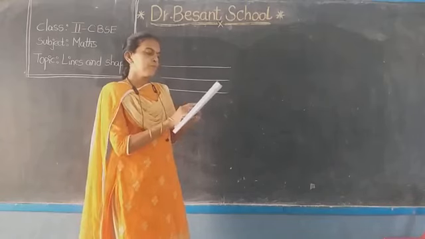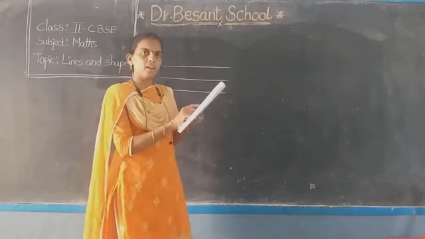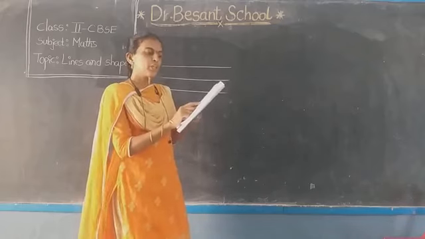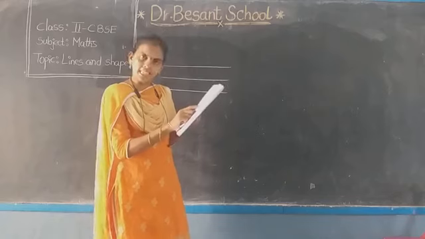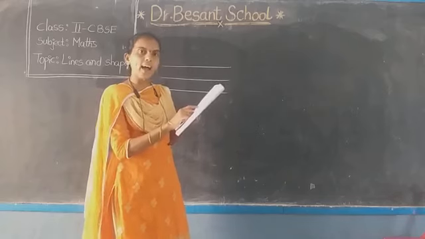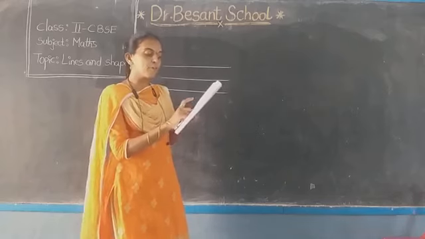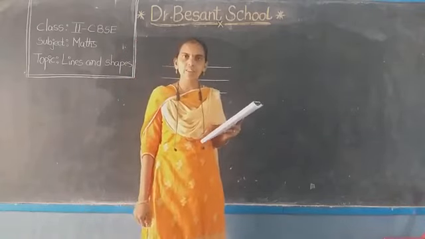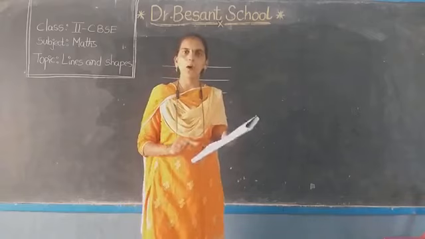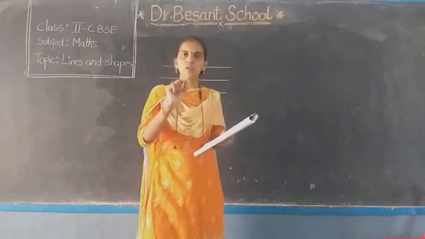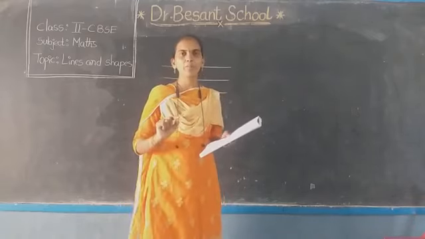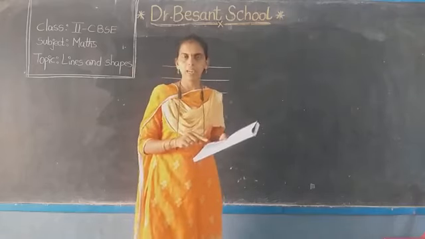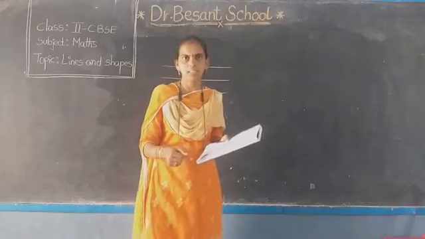Fold a sheet of paper as shown, using only a pencil. Draw a line along the fold. So children, you should get ready with a white paper. Please pause the video and bring the paper. We will do the activity here itself.